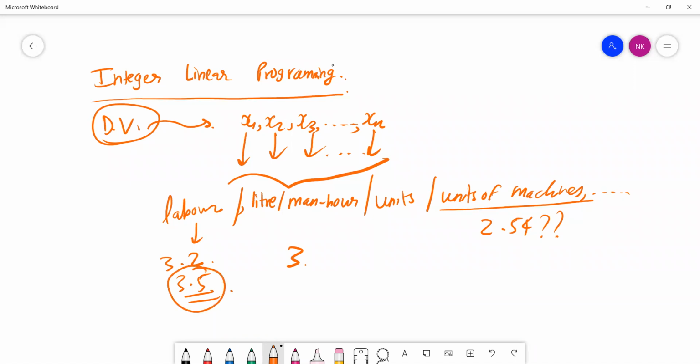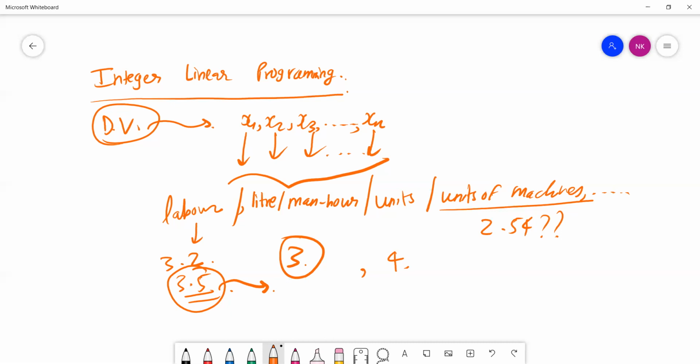Then what I will be saying is that, using this limit, there are three people who would be required. This 3.5 can be approximated to 3 also, it can be approximated to 4 also, depending on the maximization or the minimization, or depending on the constraint. You need to keep in mind that because of a particular constraint, I need to mold my answer to 3 or 4.